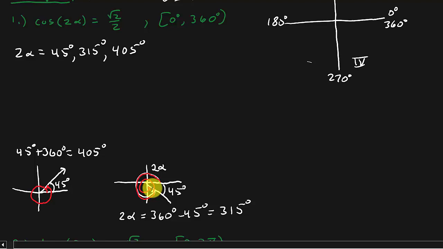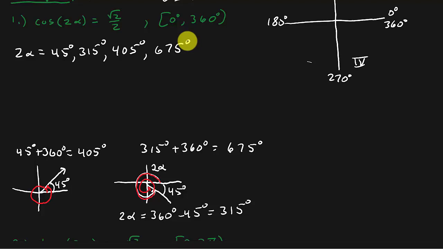I've gone around again. You see that? So I have 315 plus 360. That gives me 675 degrees. That's my other solution in the fourth quadrant.